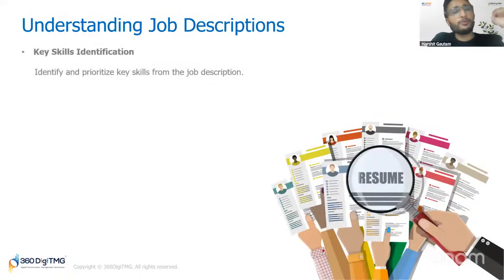Now, whenever we talk about resume and applying for a job, there is something called job description. I believe everyone must have heard about that thing, right? What is job description exactly? People also call it JD.